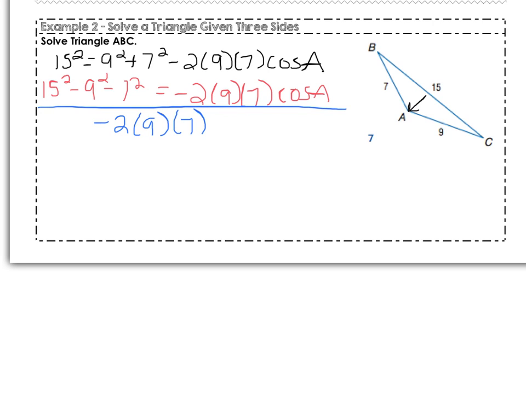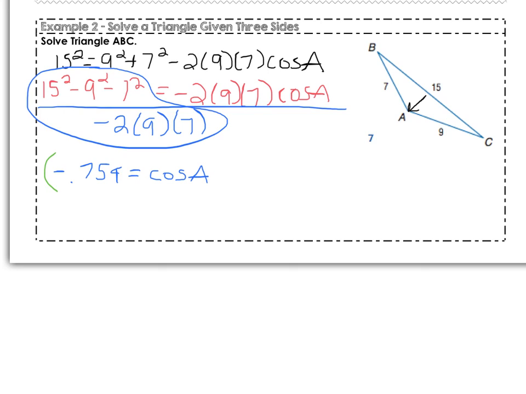And when I do that, we have this expression here: 15 squared minus 9 squared minus 7 squared all over negative 2 times 9 times 7, giving me approximately negative 0.754. I would recommend doing this in your own calculator while I'm talking about it, just to make sure you're remembering how to properly plug things in. So now we're going to take the cosine inverse of both sides, and when I do that, terrible notation, Miss Rudolph, you get 139 degrees is equal to your angle A.